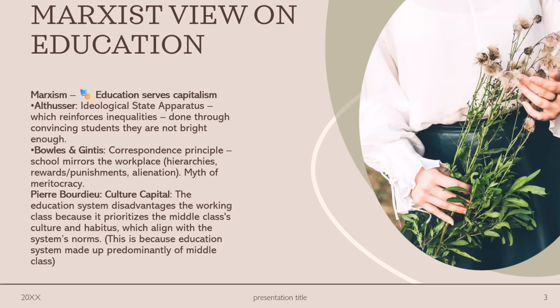Alright, so then we got the Marxist view on education. You could say it's kind of the opposite to the functionalist view, because they believe that all education does is reinforce capitalism. It's an ideological state apparatus, right?